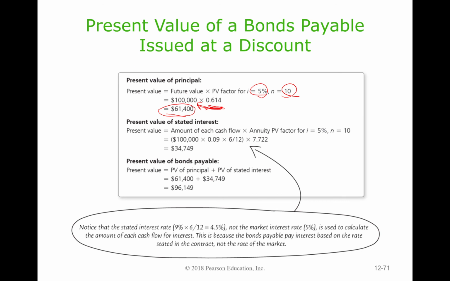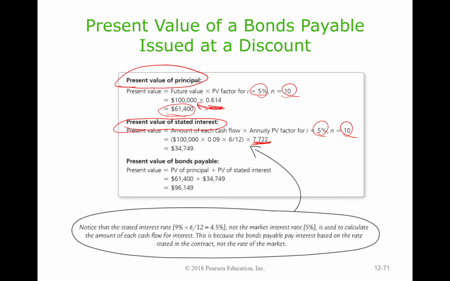So we found there's two things we need to find: the present value of the principal, or the present value of the face value of the bond, and the present value of the interest. Now this is using an annuity table. And the rate and the number of periods does not change. But when we look up on the annuity table, we'll see this has a rate of 7.722.